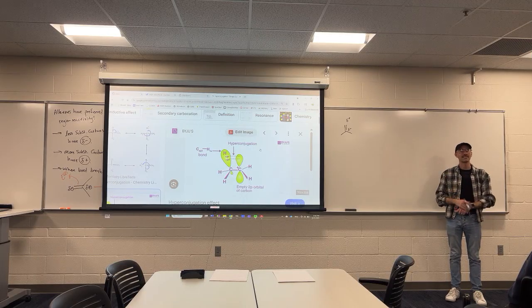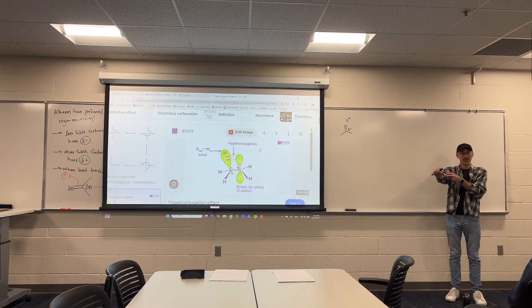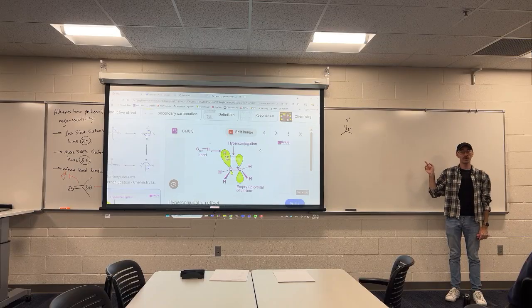So why am I saying there's bond polarity? Because of the resonance. The resonance shows that one carbon is actually more negative and the other carbon is more positive, and it explains how they react.